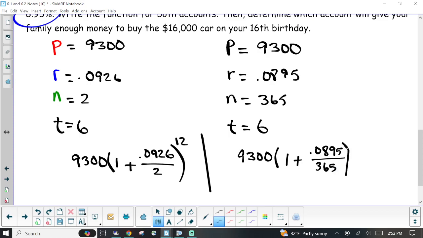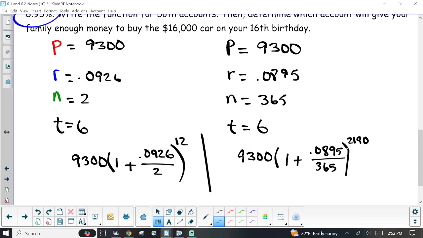It's 365 times 6. 2,190. So if you're following along at home, that's what they should look like once you plug them in.